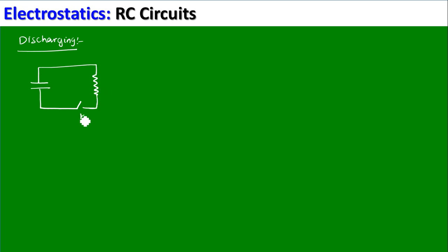Key K here, capacitance C, and a resistor of resistance R. Now at time t is equal to 0, assume that the capacitor is completely charged, then you have removed your battery. Then at time t is equal to 0, assume that the switch is just closed. At time t is equal to 0, the charge in the capacitor will be q naught, isn't it?